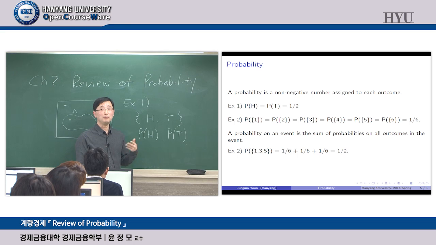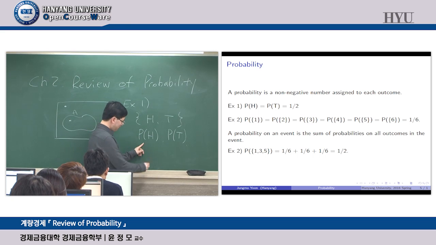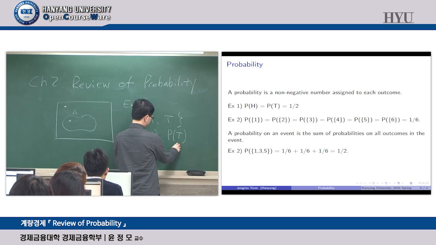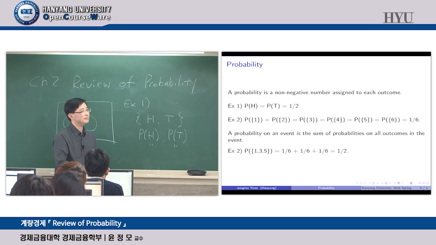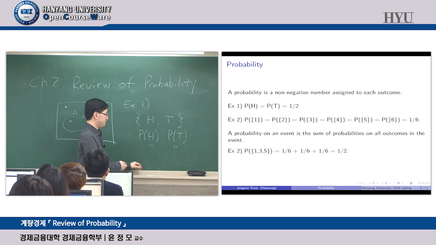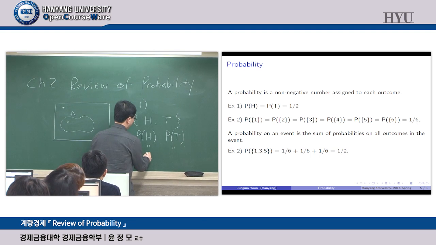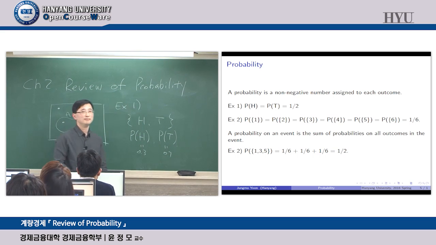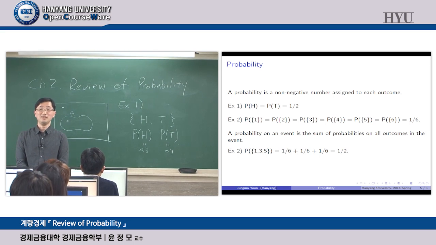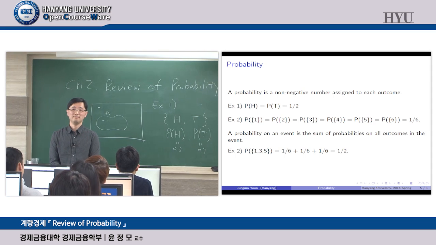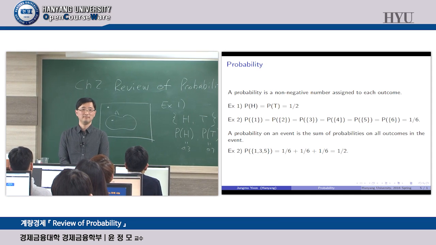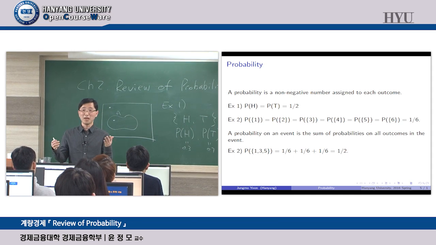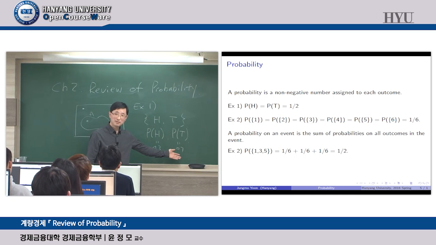So that's an agreement, that's a definition. So what kind of numbers do you want to assign? Can I give 0.3 and 0.7? Is it okay? It seems okay, right? Non-negative numbers that sum to 1.